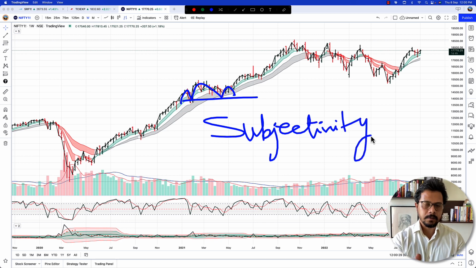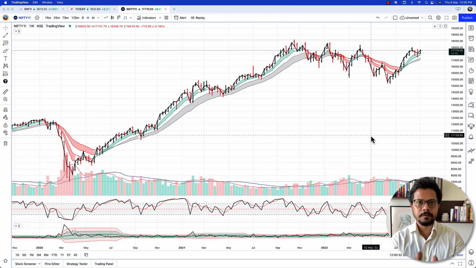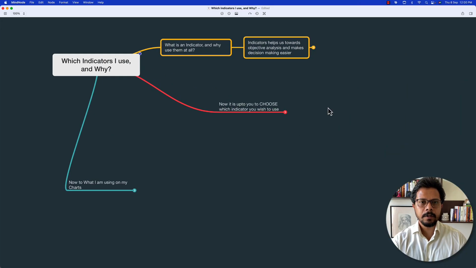This is visual analysis. There is a certain set of rules, but essentially it's a visual analysis. On the other hand, when it's about indicators, especially when you're looking at some indicator which has a proper formula behind it, then essentially it's a number. And to the decimal point, if the calculation is done as per the formula, the number will be the same for everyone. So it makes life easier and it's clearly very objective driven. A very lame example would be something like RSI 14 below 30 means oversold.